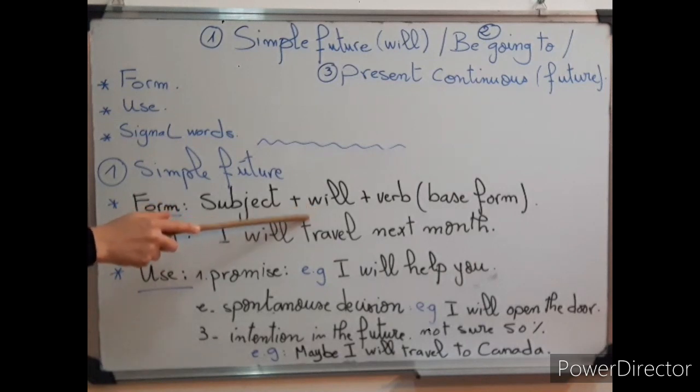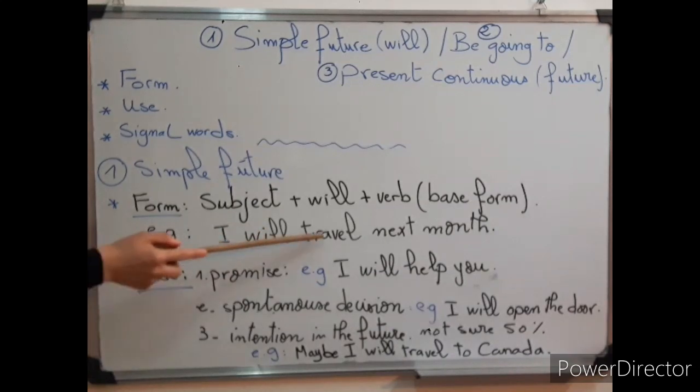So will never conjugates. I will, he will, she will, it will, we will, you will, and they will travel next month. Clear? So the verb is in the base form after will. Clear? But sure, if it's negative, I will not travel, he will not travel. Okay?